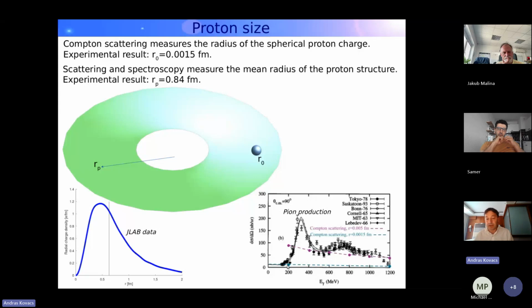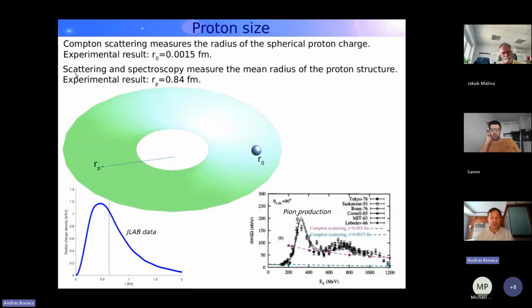And the Klein-Nishina formula is quite sensitive to the proton radius because it appears as a square in the formula. So as an example, if you would take the proton radius to be 0.005 femtometer, then this red line shows you that the Klein-Nishina formula quite much exceeds experimental data for both low and high energy limits. So this 0.0015 femtometer is quite a reliable estimation.